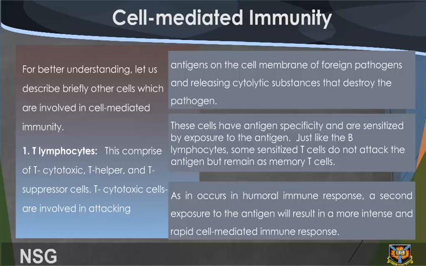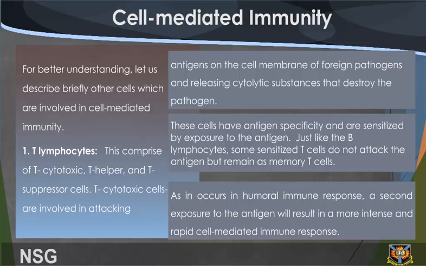T cytotoxic cells are involved in attacking antigens on the cell membrane of foreign pathogens and releasing cytolytic substances that destroy the pathogen. These cells have antigen specificity and are sensitized by exposure to the antigen.